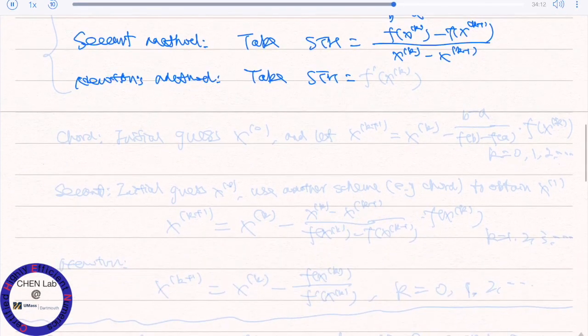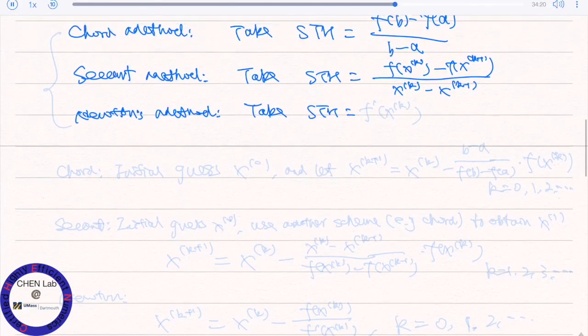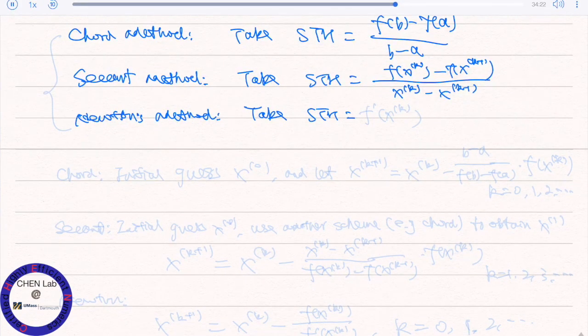That's something we're looking for, but we do know xk. Why not just approximate c by xk? That's it. So now we actually use a derivative, not a quotient as in the other two. So take that something to be f prime at xk. There you go. We have three schemes.